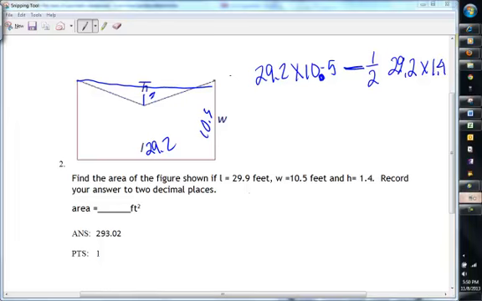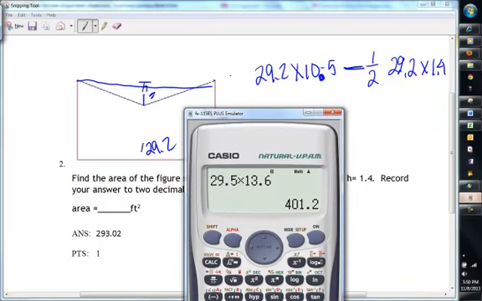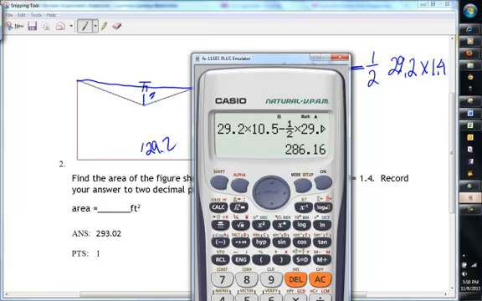So on our calculator, we would just put in those figures, 29.2 times 10.5, minus 1/2 times 29.2 times 1.4, and we get 286.16.